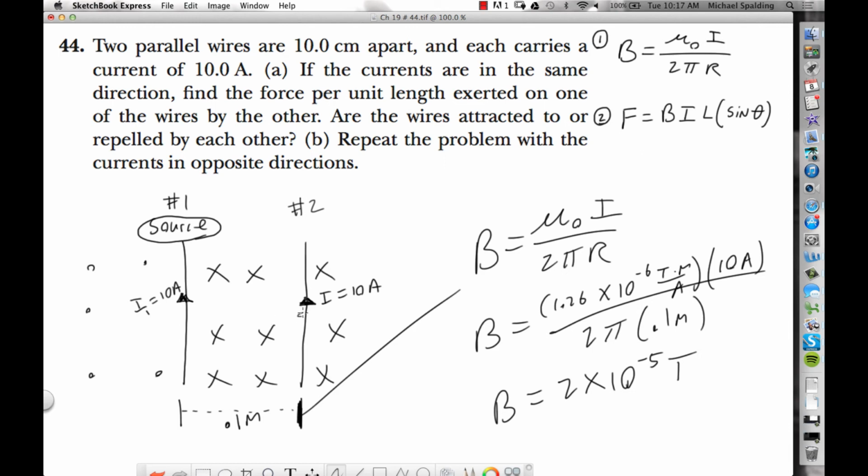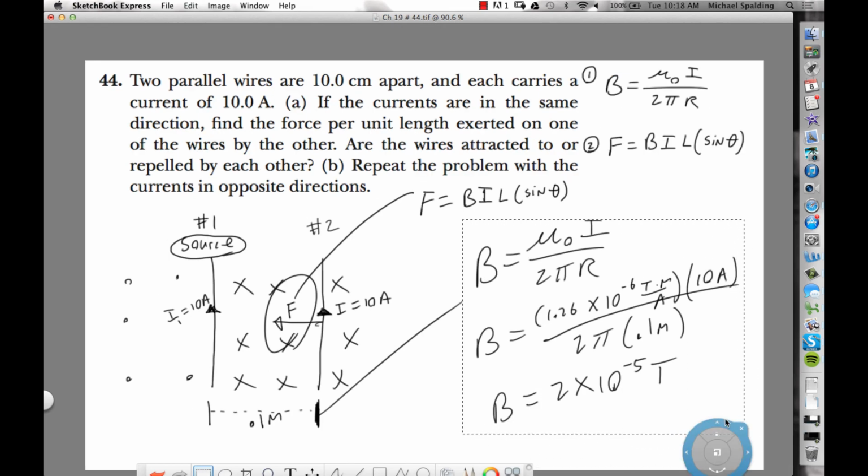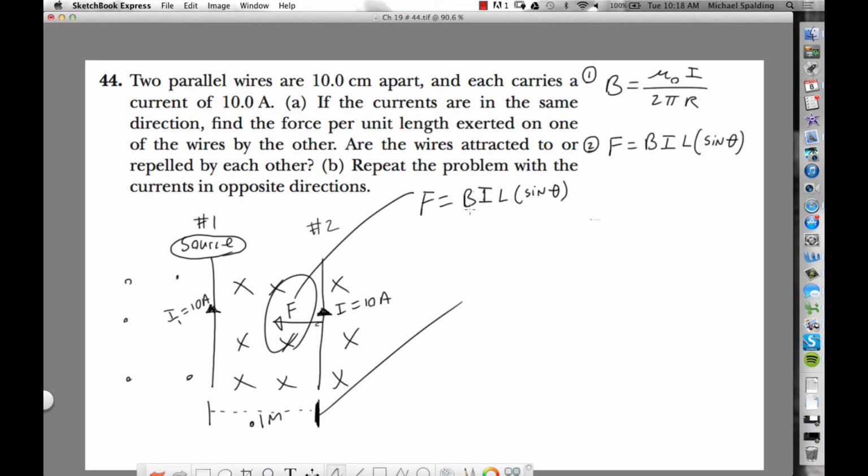All right, now, how can we find out the force? This guy, wire number 2, is sitting in the magnetic field created by wire number 1. So how can we find this force? F equals BIL, which is the equation for the force on a wire in a magnetic field. So B is 2 times 10 to the negative fifth Tesla.